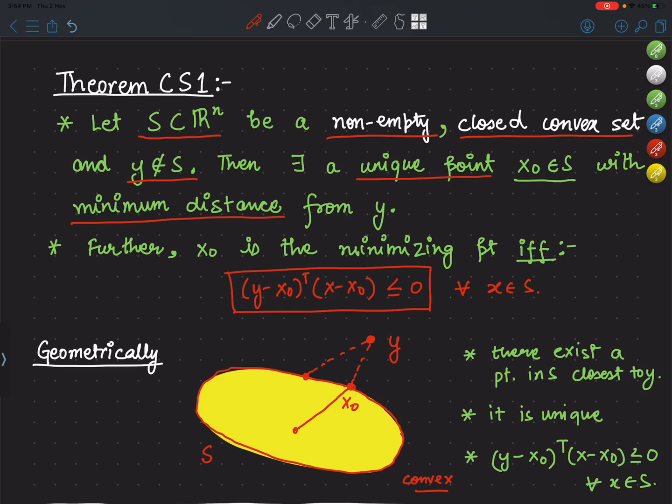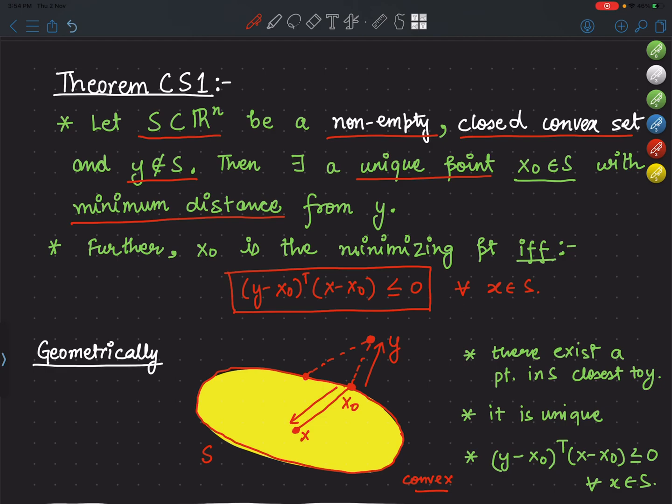So this is what the theorem says: if there is a point outside set S and S is convex, then there exists a point x0 which is closest to that point. And as you can see, the vector joining the external point and x0, and the line joining any point in convex set S and x0, always form an obtuse angle.